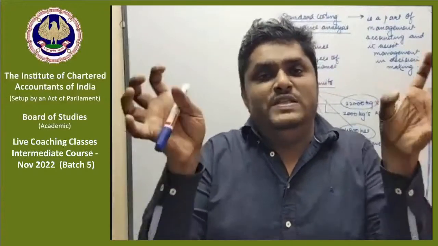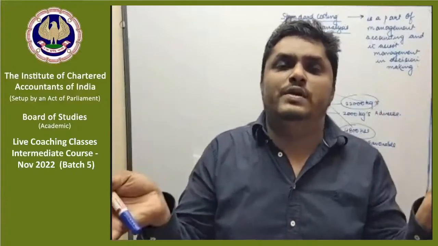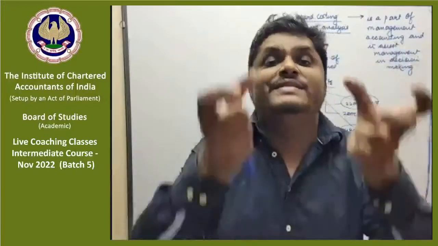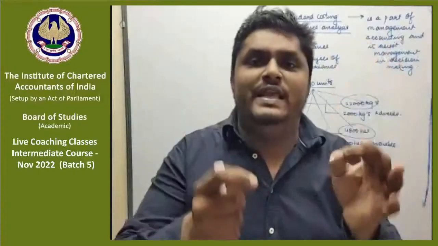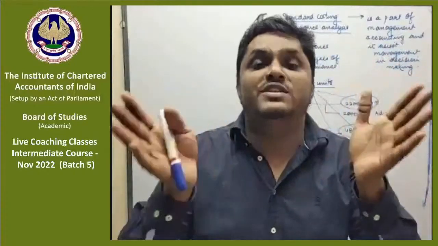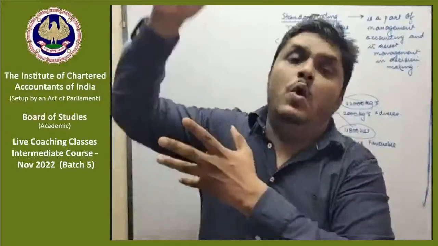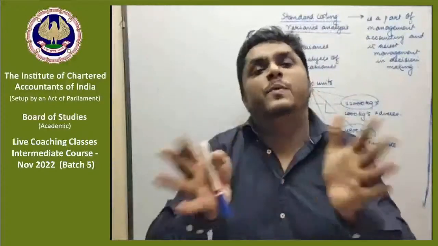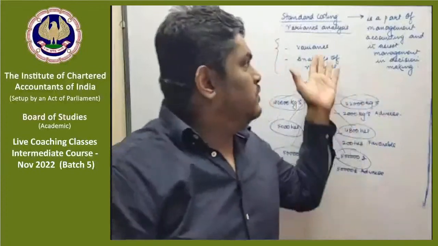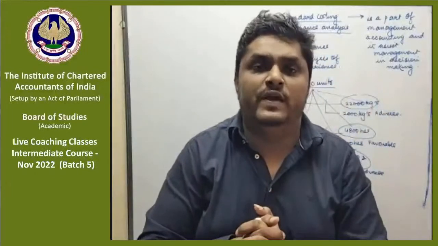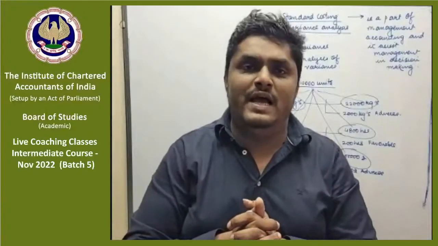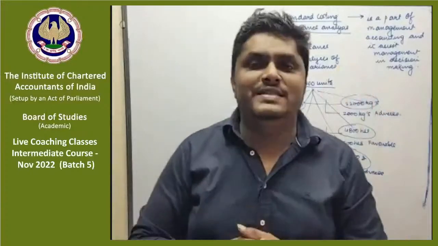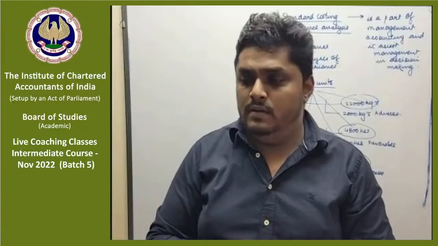So there are difference between the target set and the actual results. We call them as variances or deviation. So the standard costing technique first help us to find out that how much is the variances, and second, which department is actually responsible for this variance. That also standard costing technique help us to figure out. So if you guys have any doubts, any queries in this part, you guys can ask me. In the meanwhile, I suggest you guys to please copy this part.